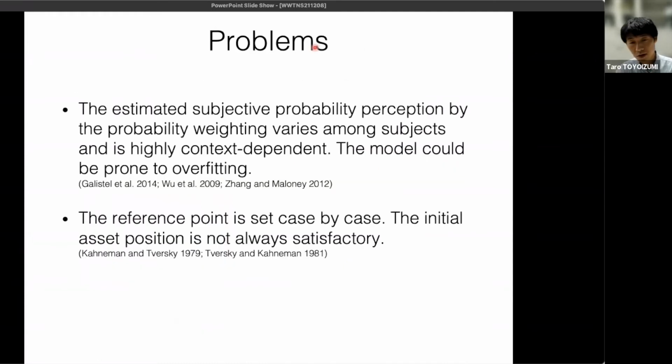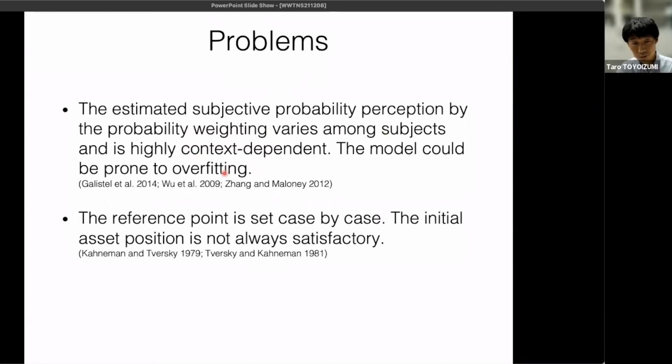But it doesn't mean that the model has no problems. I just list two problems here. One is that the estimated subjective probability perception by the probability weighting function varies among subjects and is highly context dependent.